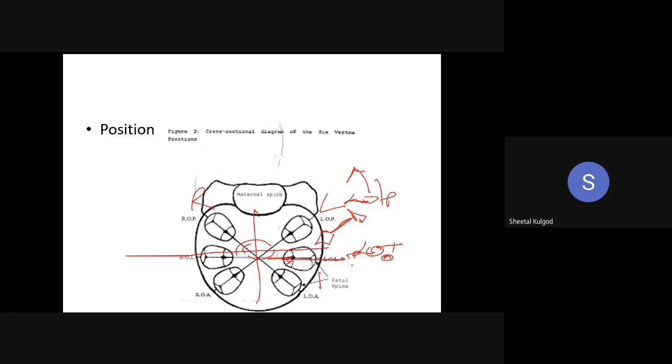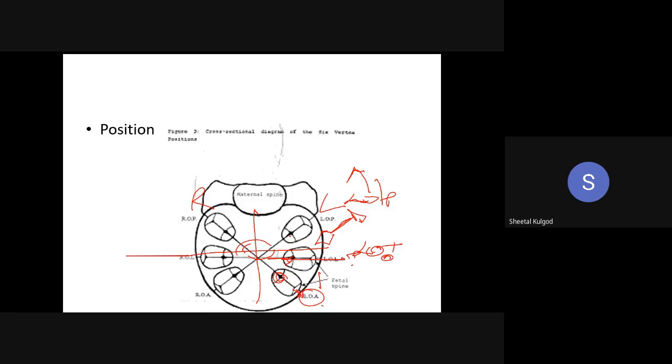And in this position, as you can see here, this is the anterior fontanelle, with the posterior fontanelle facing this side of the mother. This is the left occipito anterior position. So you have to understand the different positions of the fetal presenting part in relation to the maternal pelvis. Got it?